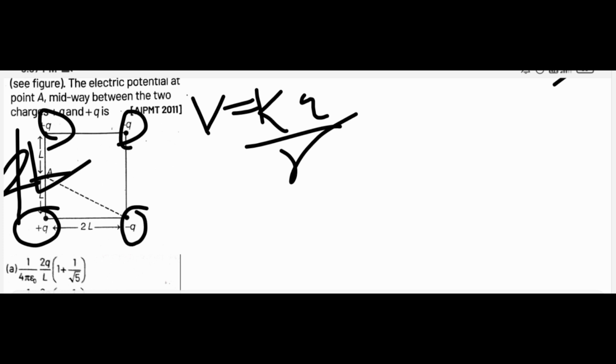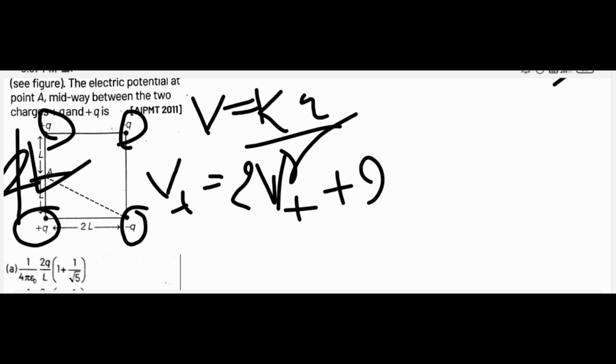You can say that V total is equal to 2 times V due to the positive charge and 2 times V due to the negative q charge.